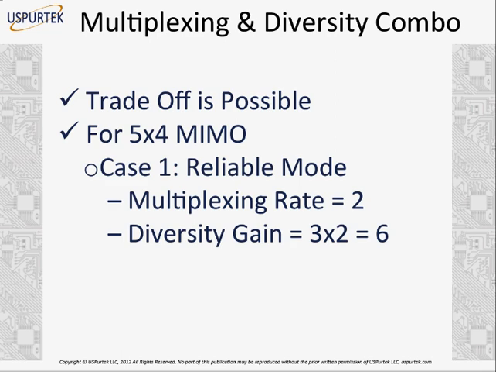A trade-off is possible, so there are 2 cases I'm showing here. Let's consider a 5x4 MIMO, 5 antennas on the transmitter and 4 on the receiver. And let's assume in this case we want a reliable mode. What that means is reliability is of paramount importance. I want a reliable signal.